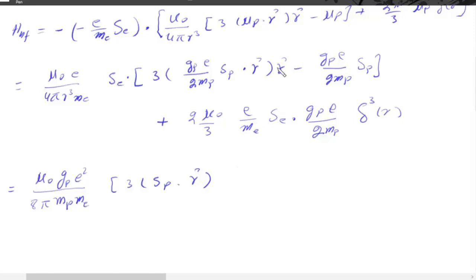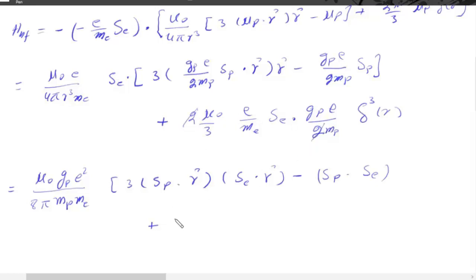We multiply this term with this term also, and then plus, this 2 cancels with this 2.